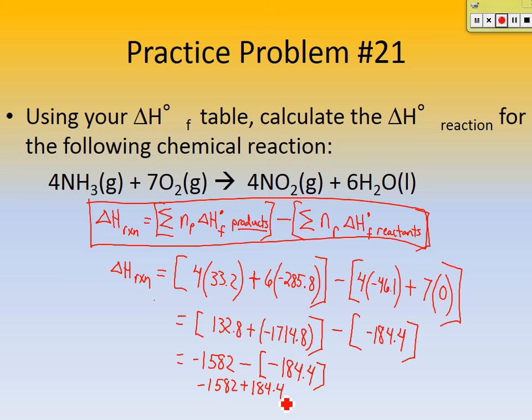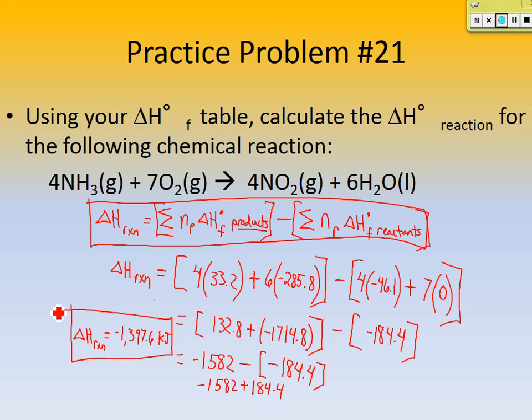Yeah. Okay, so my delta H, I'm running out of room there, so I'm going to write it over here. My delta H for this reaction is equal to a negative 1,397.6. What are my units going to be? Yeah, in the data tables it says it's kilojoules, and so that's my units, and that's my answer.